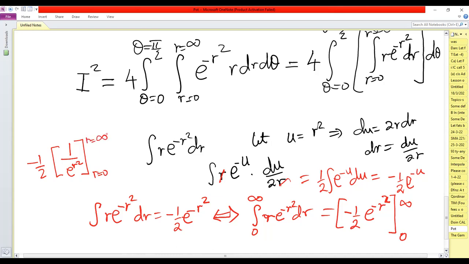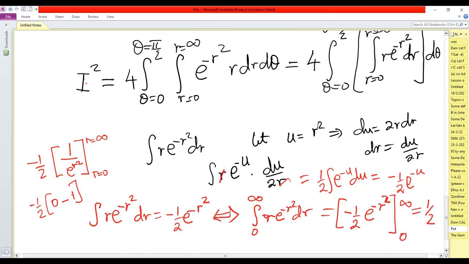When you put in infinity, the denominator e raised to power infinity squared is a very large value, so 1 over a very large positive value is 0. So we have negative a half times 0, minus, when you put in r equals 0, e raised to power 0 is 1, and 1 over 1 is 1. So negative 1 times negative a half gives us positive a half.